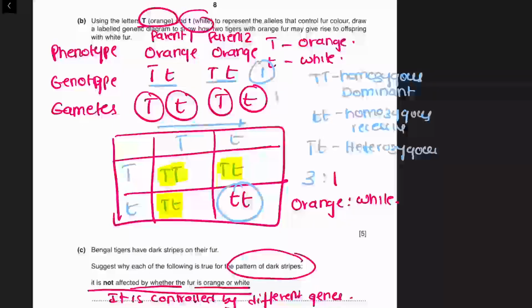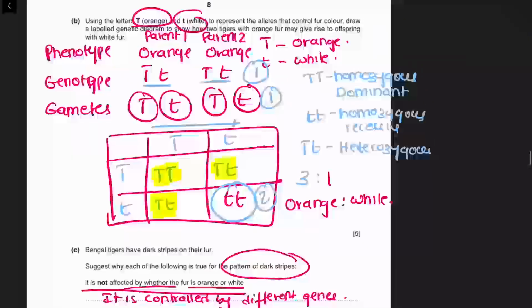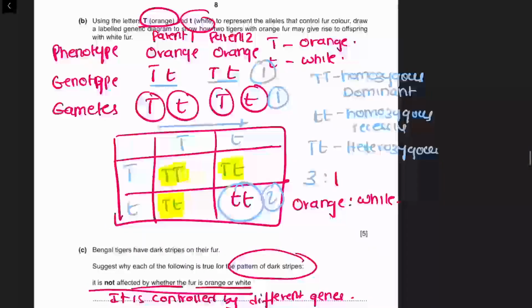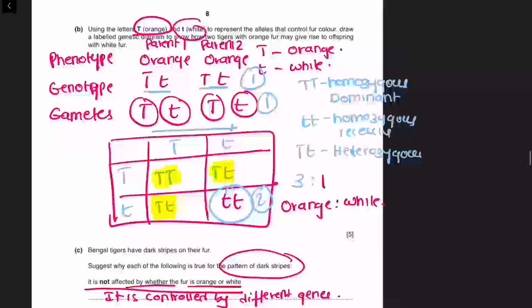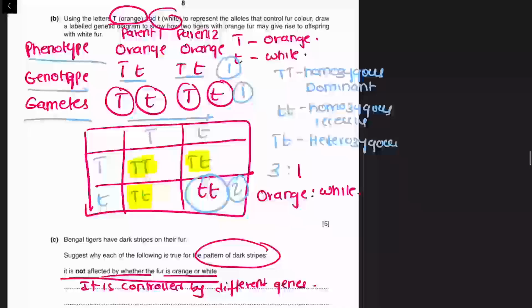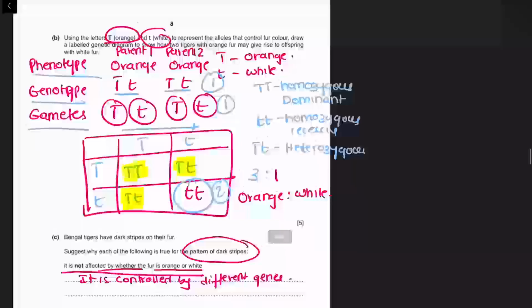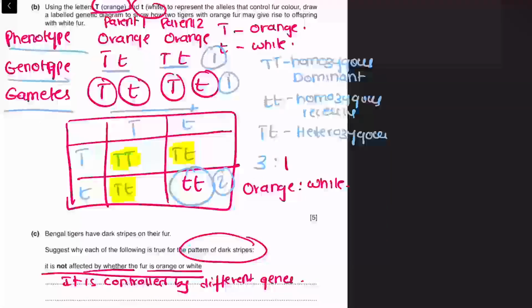One mark to show the gametes. The second mark for the formation of a homozygous recessive, which is the white phenotype. The third mark is to show the labels on the genetic cross. So 1, 2, 3, right? Those three. Right? Understood?